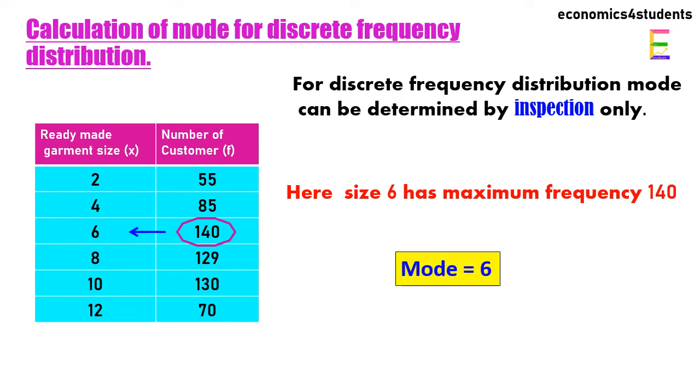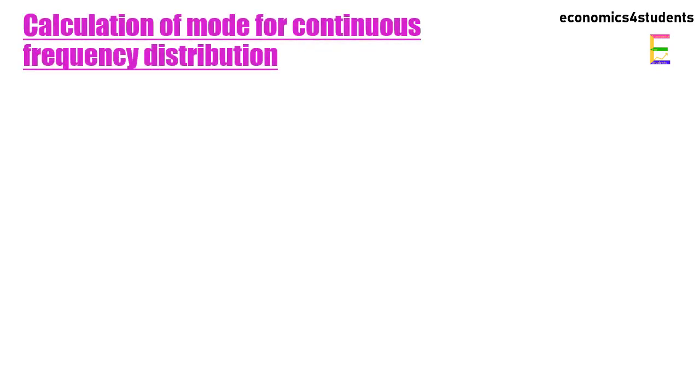Now let us learn how mode is calculated from a continuous frequency distribution. For a continuous frequency distribution, mode is calculated by using this formula.